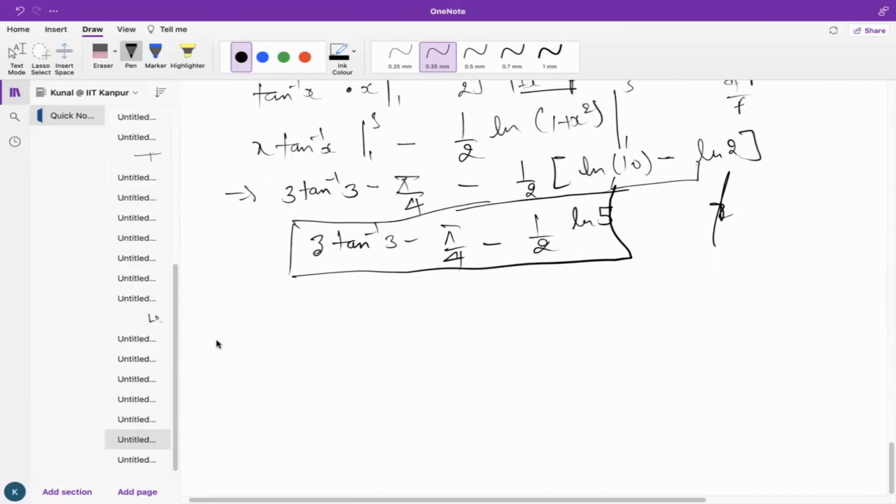Let's move to another example, which looks something like this.